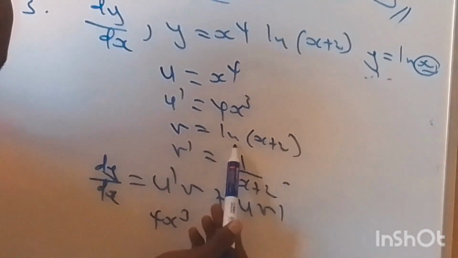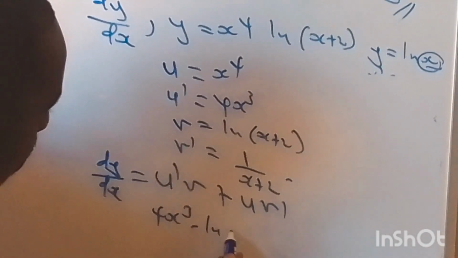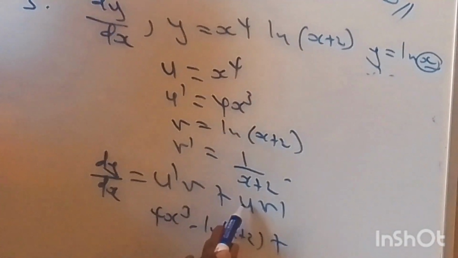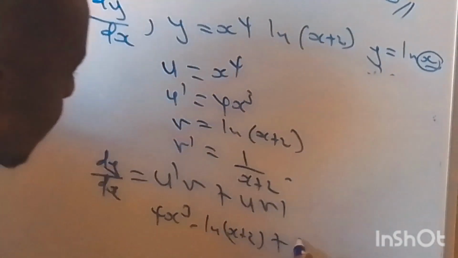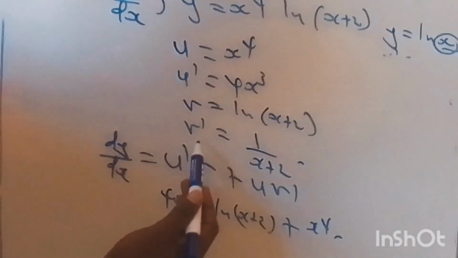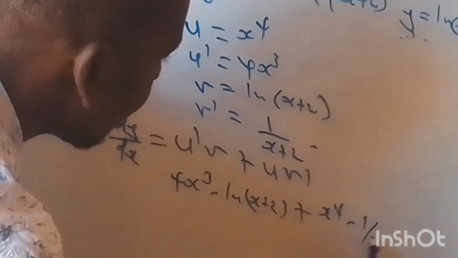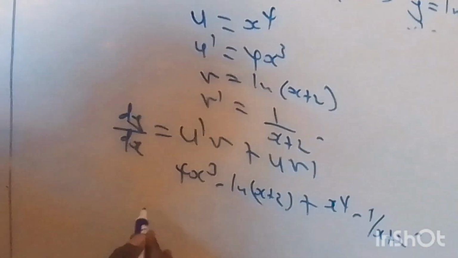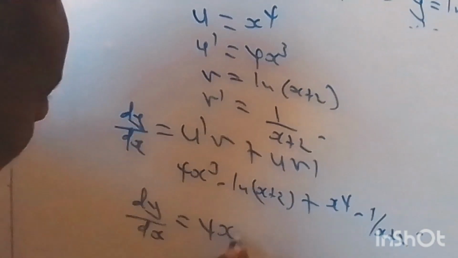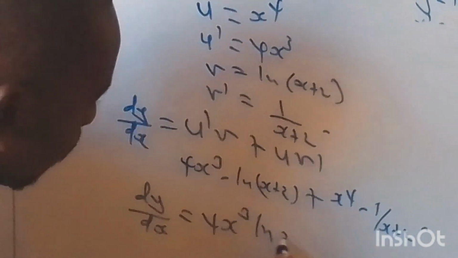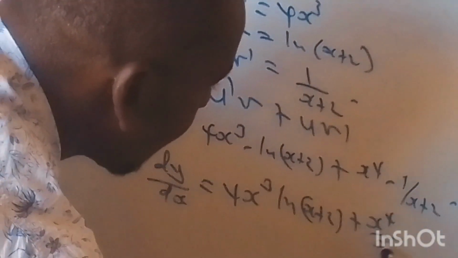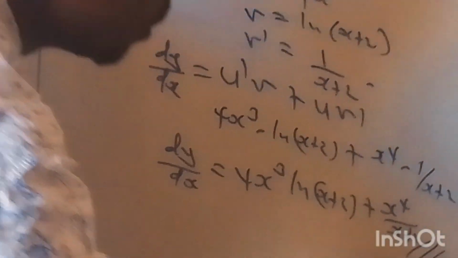Our v here is ln of x plus 2, plus u multiplied by v prime, and our v prime is 1 over x plus 2. So when we simplify, we get dy over dx to be 4x raised to 3 natural log of x plus 2, plus x raised to 4 over x plus 2.